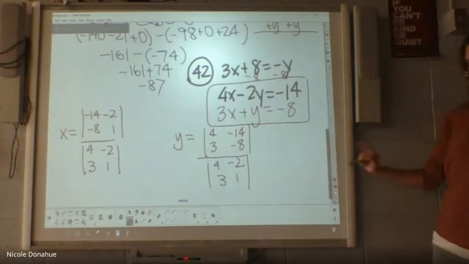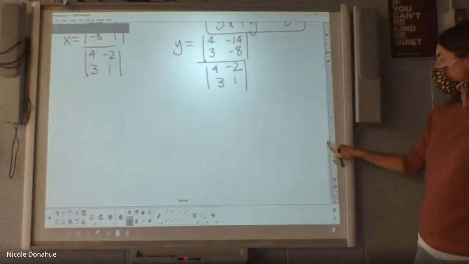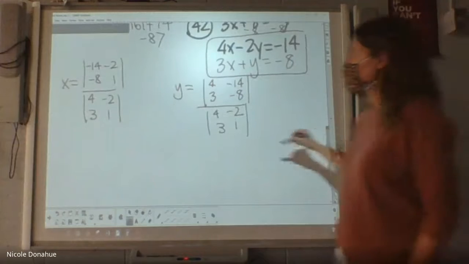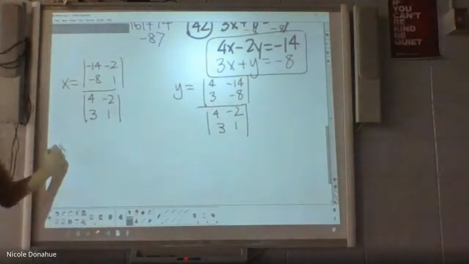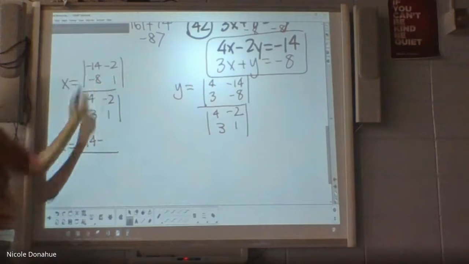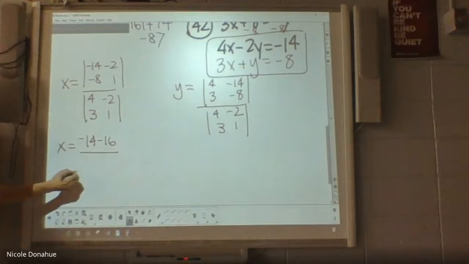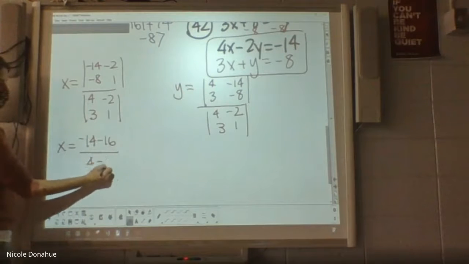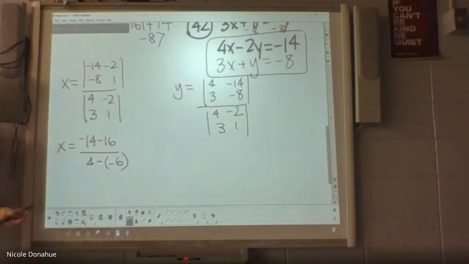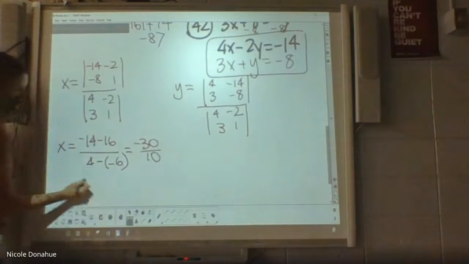So now I have to do the determinant on the top and bottom, the fraction. So up here, I get negative 14 minus positive 6, and minus 6. On the bottom, I get 4 minus a negative 6. So this is negative 30 over 10. So x is negative 3.